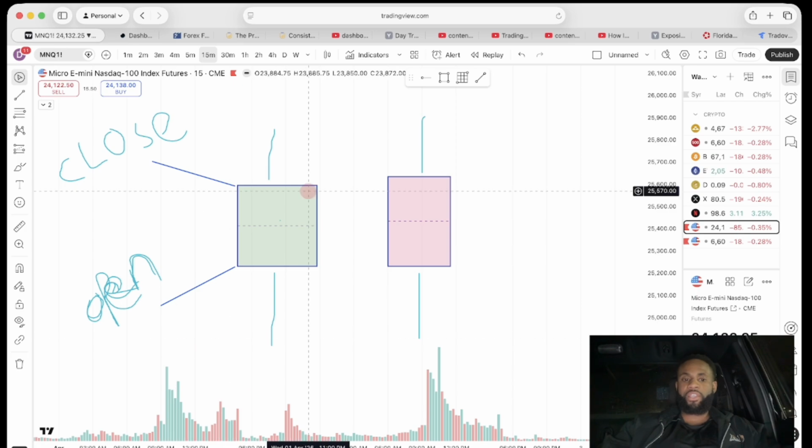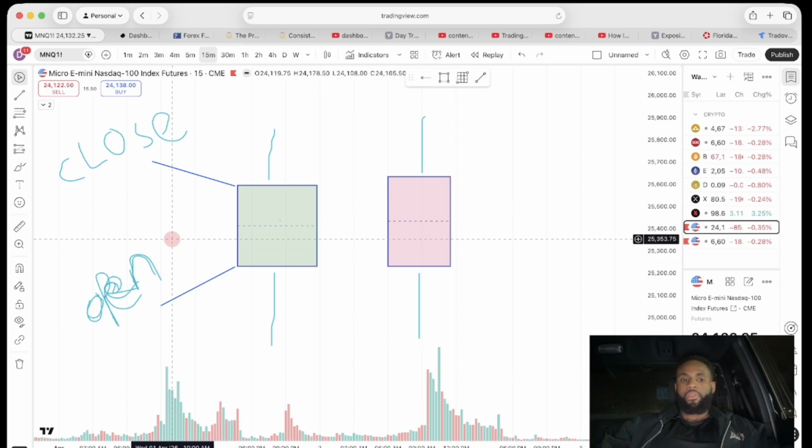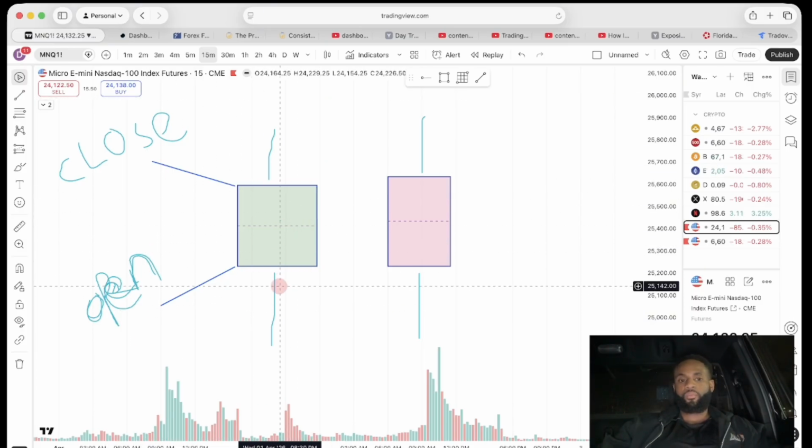You getting me? You guys are following me? The candle is an up candle. It's a buy candle. It's a bullish candle. Remember, it's a green candle. So in order for us to be going up, where do we have to open and where do we have to close?